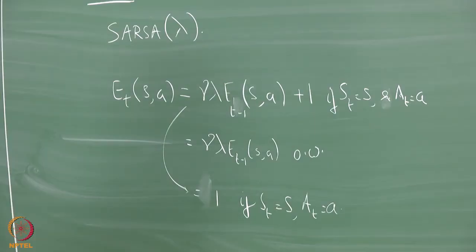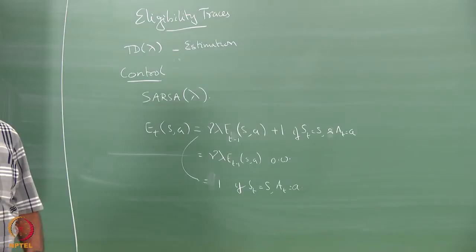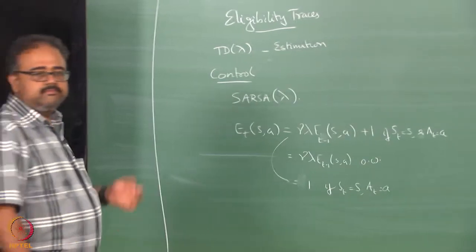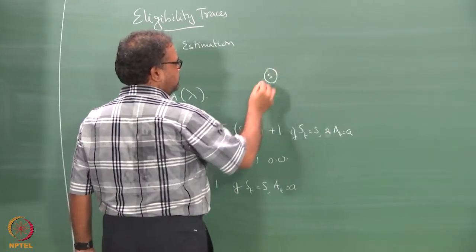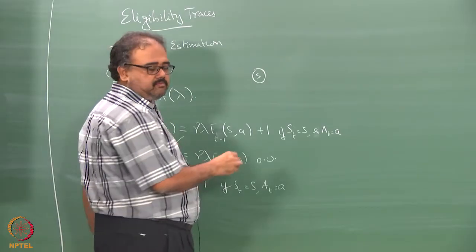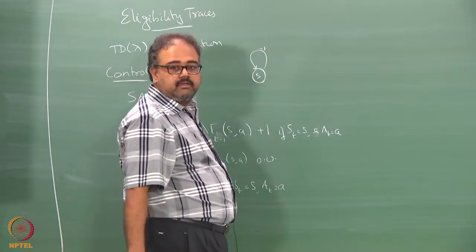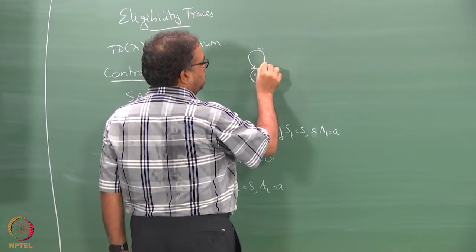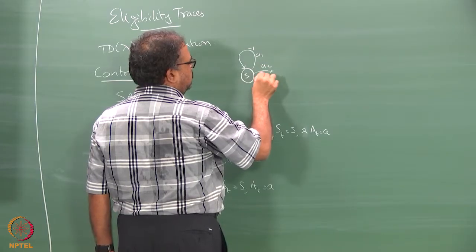So there is one other thing which you have to be careful about when you are talking about eligibility traces on state action pairs. Suppose I am in some state. This is action A1, this is action A2.